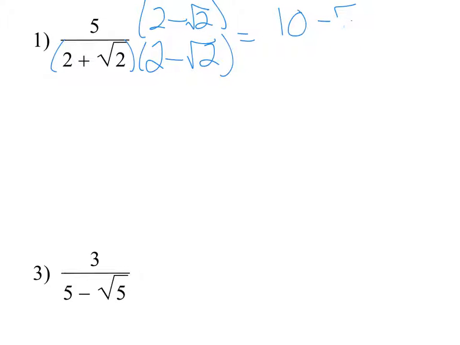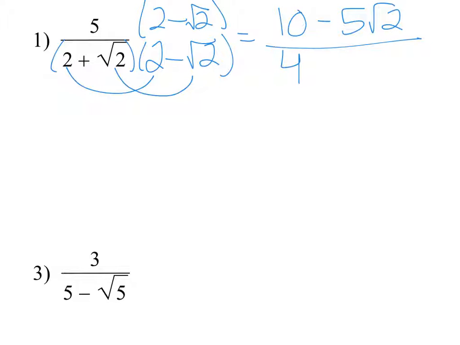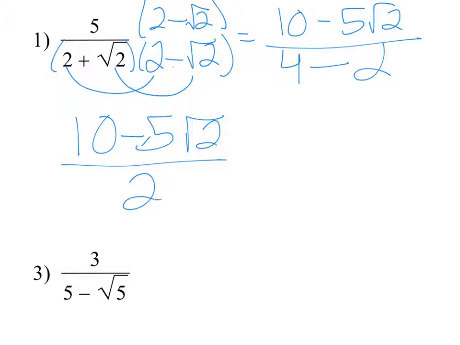Let's erase it. Calm down, Miss Ellie. It's 5 times the square root of 2. And my denominator, 2 times 2 is 4. Square root of 2 times negative square root of 2 is negative 2. So I have 10 minus 5 square root of 2 over 2.